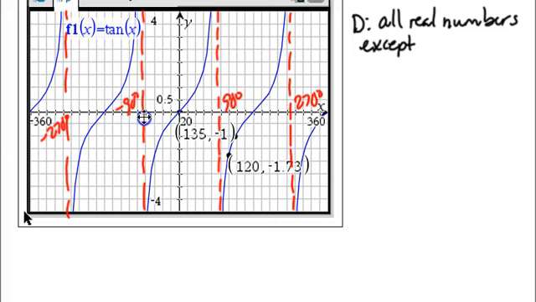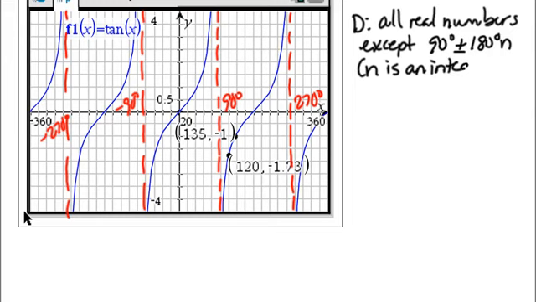If I go 180 degrees this way, I'll get to another asymptote. So I'm going to say all real numbers except 90 degrees plus 180n. You could say plus or minus 180n if you want to, although plus 180n is actually sufficient if you say that n is an integer.